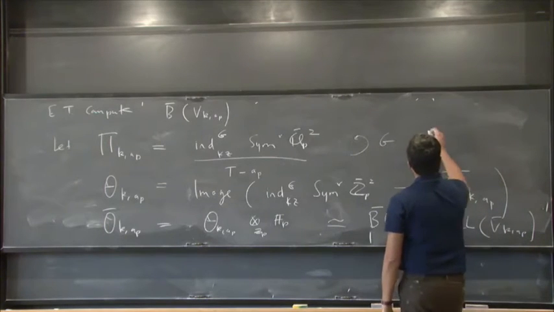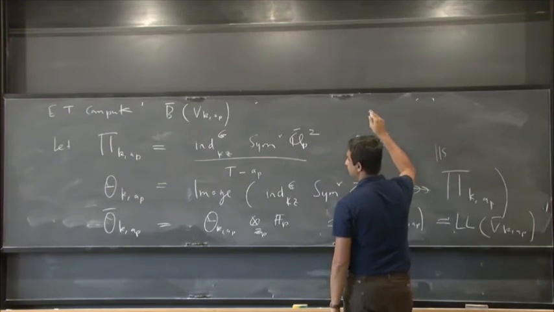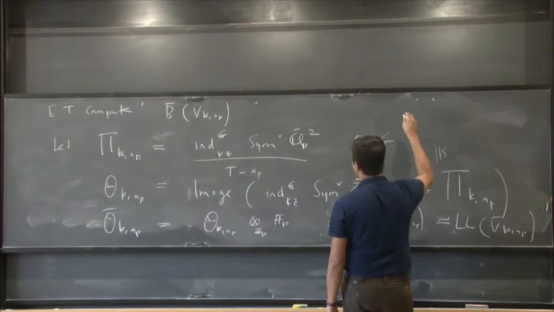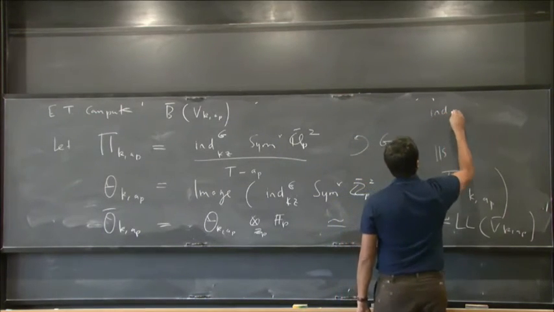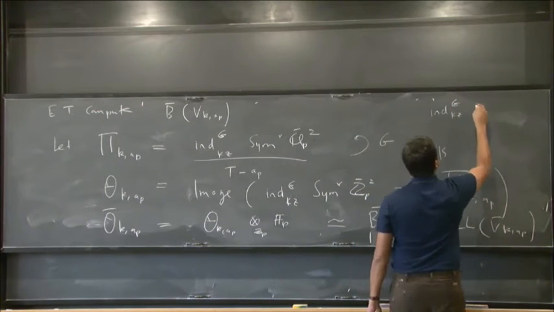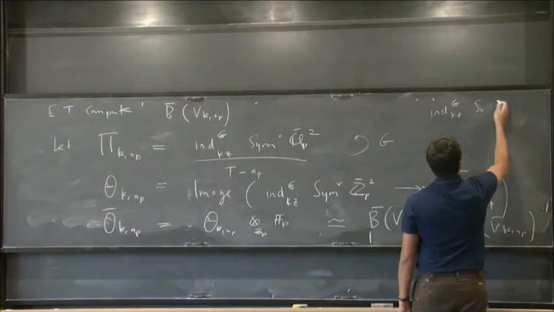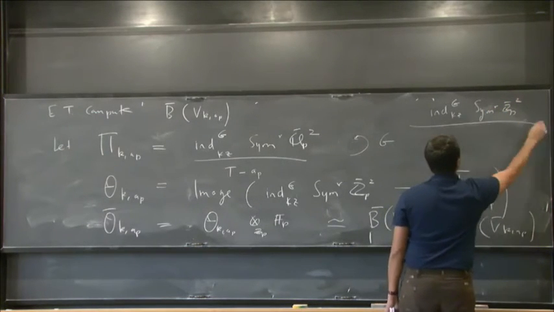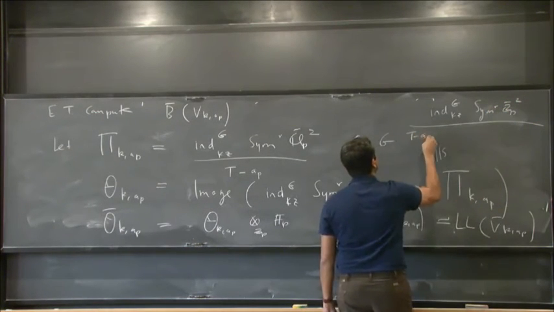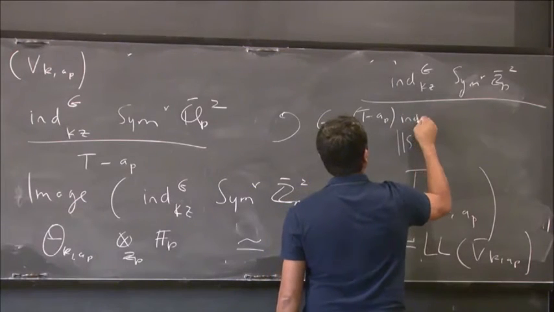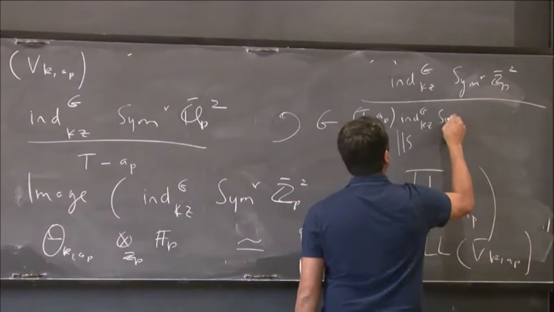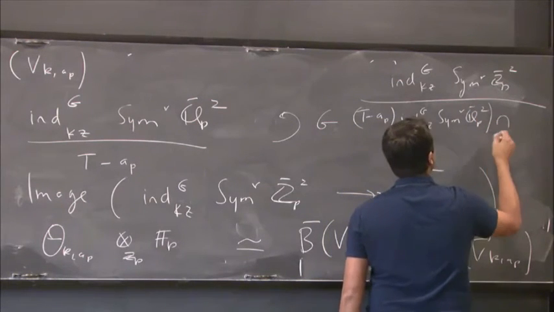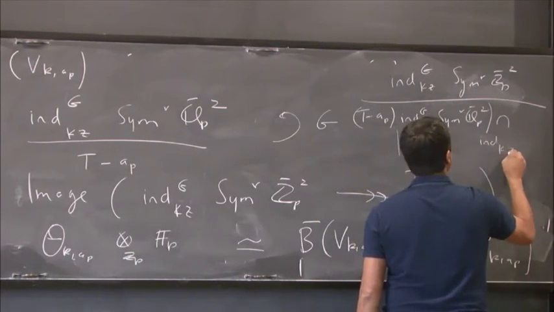By one of the isomorphism theorems one learns in undergraduate algebra, this is just the induction from KZ to G of Sym r Qp bar squared modulo T minus ap, which is the induction from KZ to G of Sym r Qp bar squared intersected with the integral things.